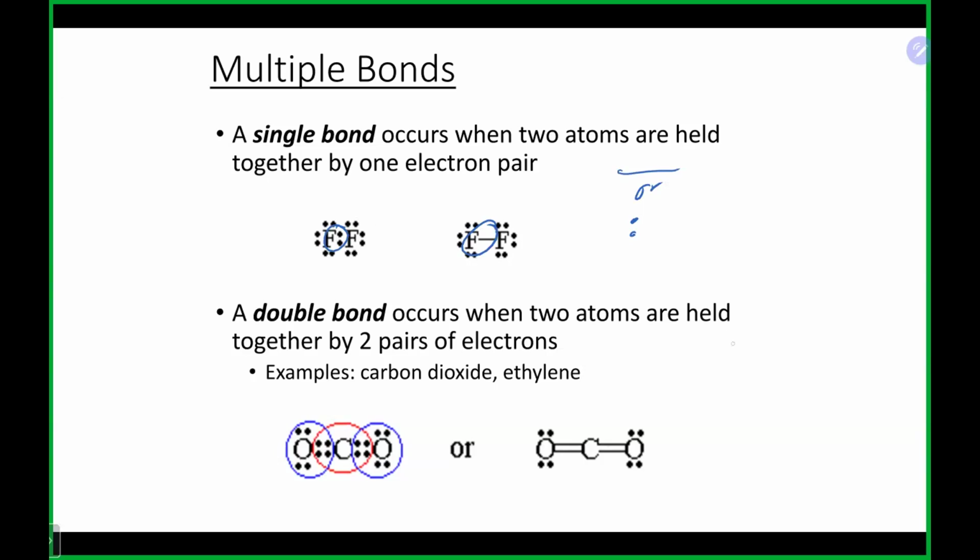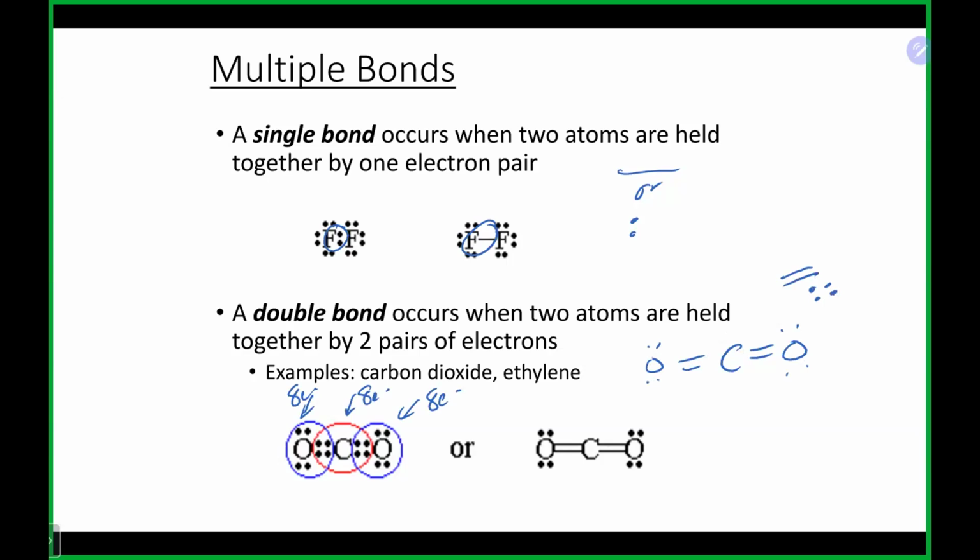In the case of CO2, as you can see down here, the carbon in the middle actually needs to double bond on both sides with the oxygen to give the carbon 8 electrons in the middle, and each of the oxygens will end up with 8 electrons by making a double bond on both sides in this case. Again, a double bond, 2 lines, representing 4 total electrons, or 2 pairs of electrons being shared in this case.